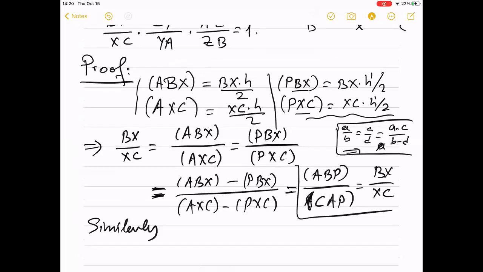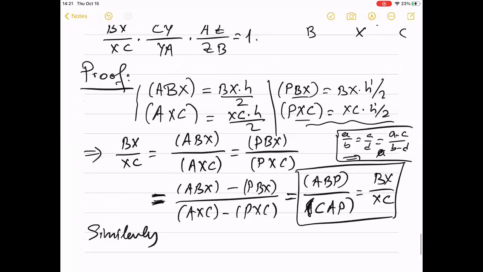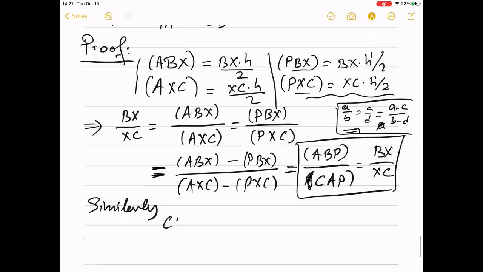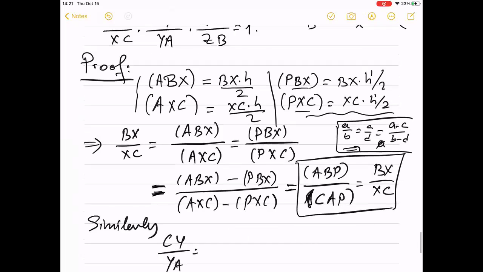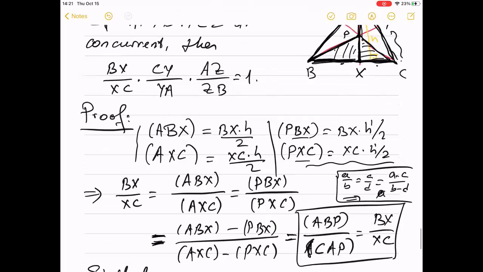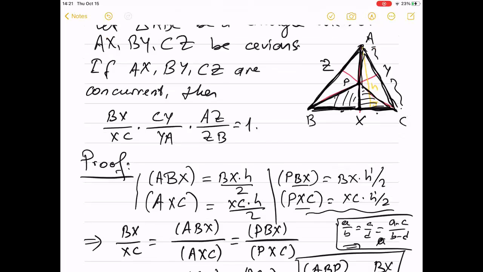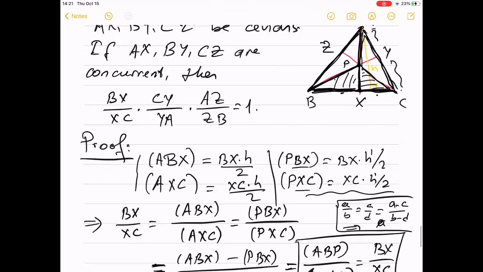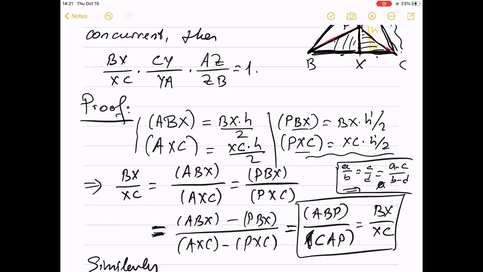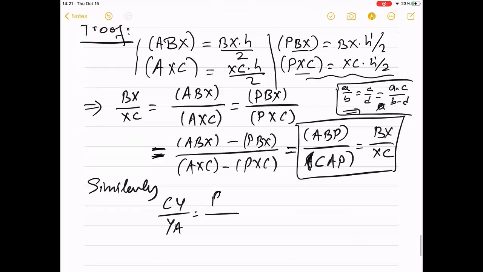And similarly, CY over YA will be the area of BCP over ABP.